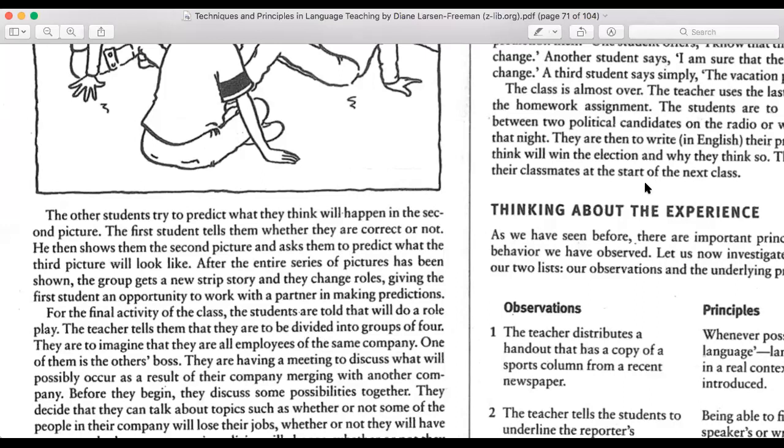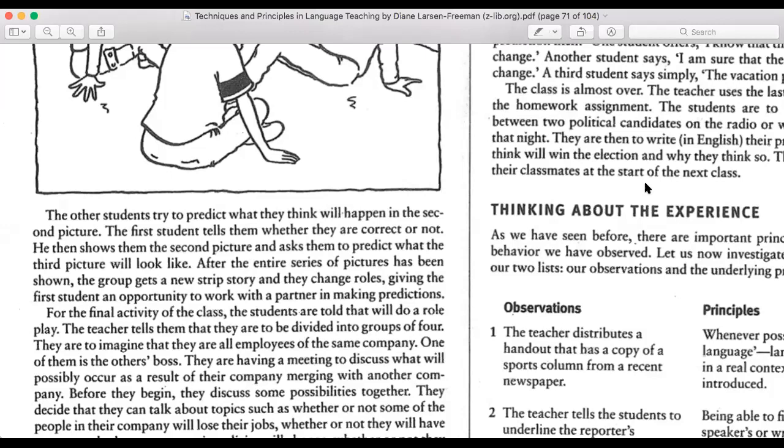So from the pictures, the students would try to predict what is happening in the story. Within their groups, the student with that story shows the first picture to the other members of the group, and then he covers the other 5 pictures, and the students keep on predicting the story, right?